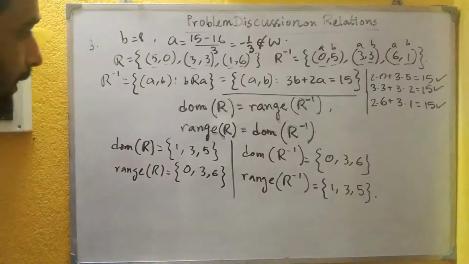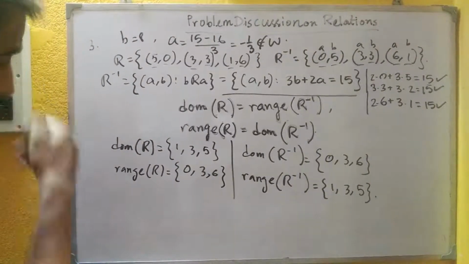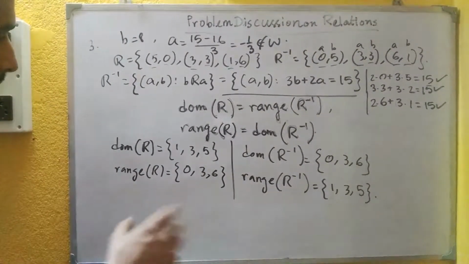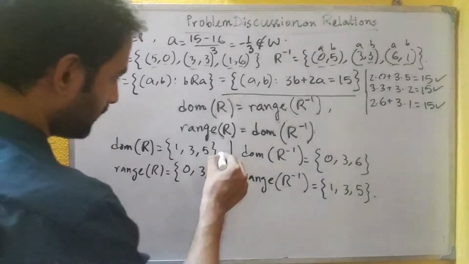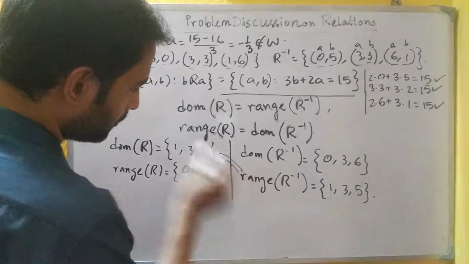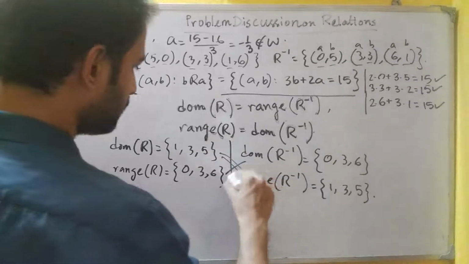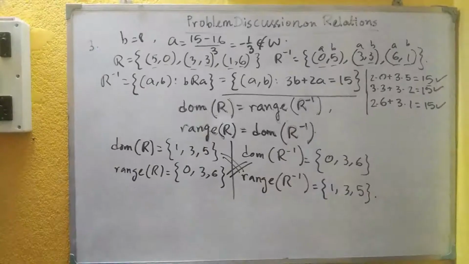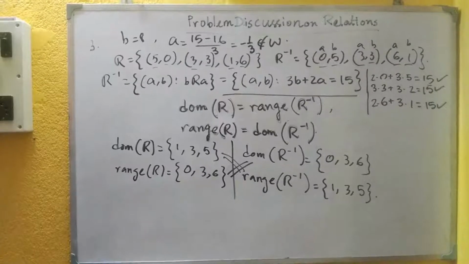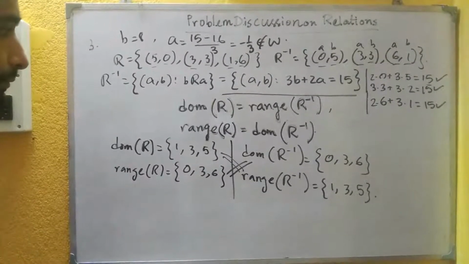So clearly you can verify these equalities from these two sets. You can see that domain R is equal to range R inverse and range R is equal to domain R inverse. So it is clear, and we are done.